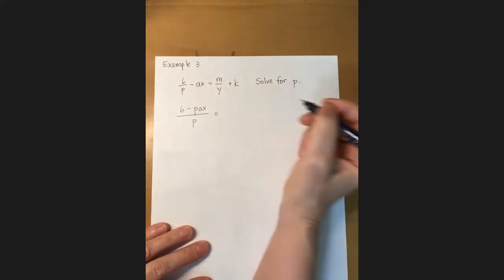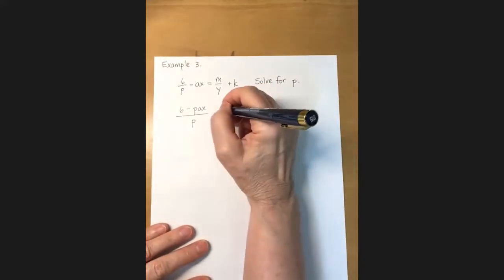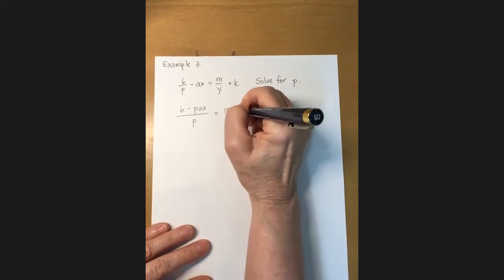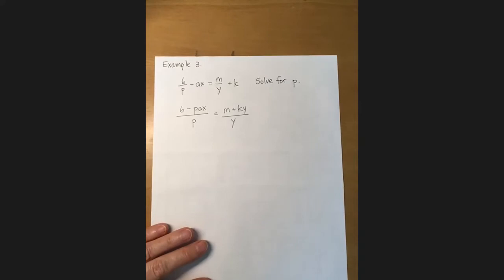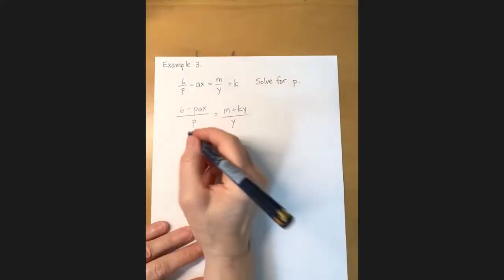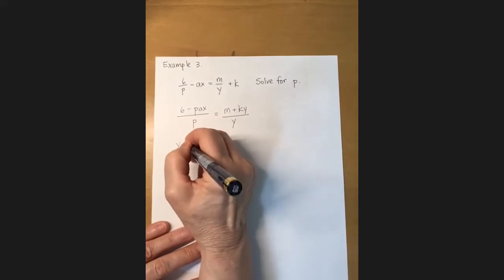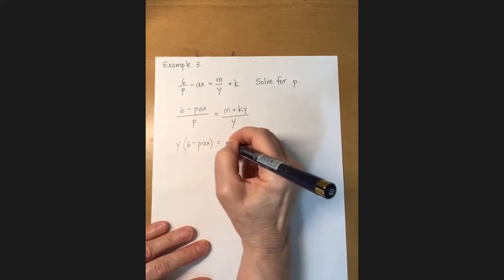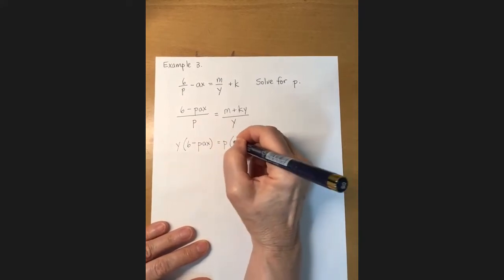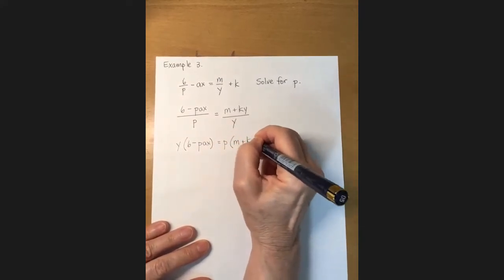And we need a common denominator on the other side, equals m plus ky divided by y. And now we have a proportion, so we can cross multiply. y times 6 minus pax equals p times m plus ky.